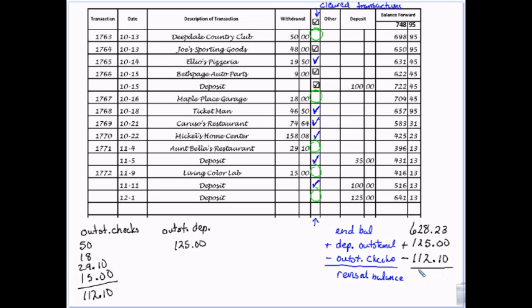And when I do that math, I'm going to get the revised balance of $641.13. This balance and this balance need to match. If they match, you're balanced.